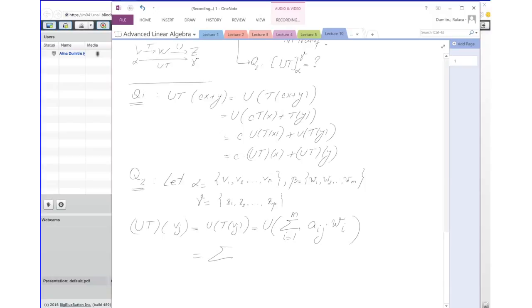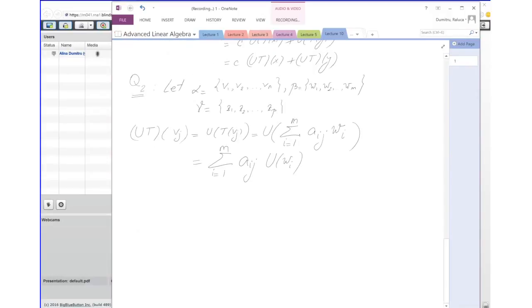So this is the sum, i equals 1 to m, Aij times U of Wi. Okay, now U was a linear transformation whose matrix we called B, correct? So let's keep on going.